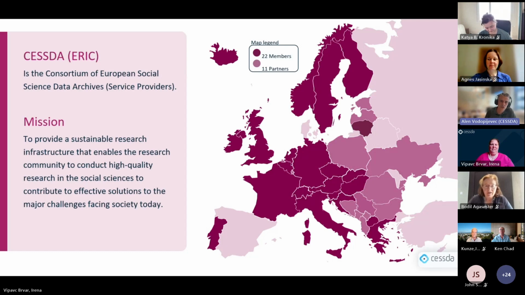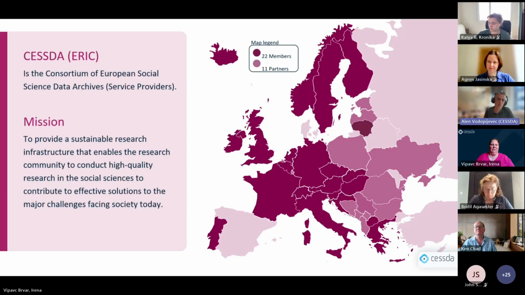So CESSDA is a consortium of European social science data archives. We are a consortium of 22 members and a central main office. Our members are basically countries, and each country has a representative in CESSDA, which is our service provider. These are usually national social science data archives.